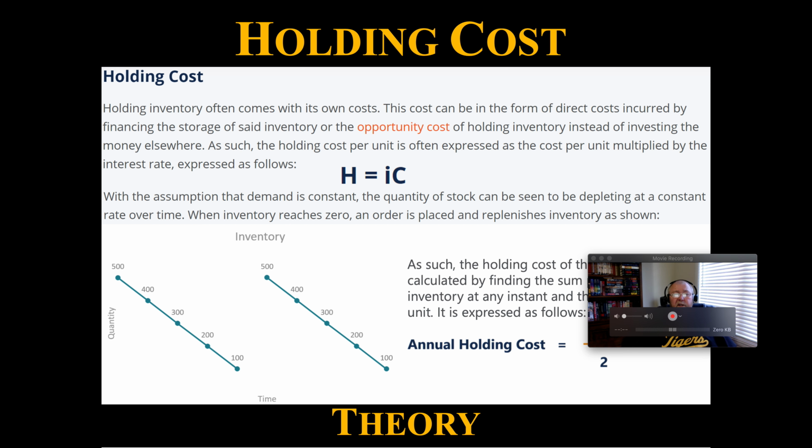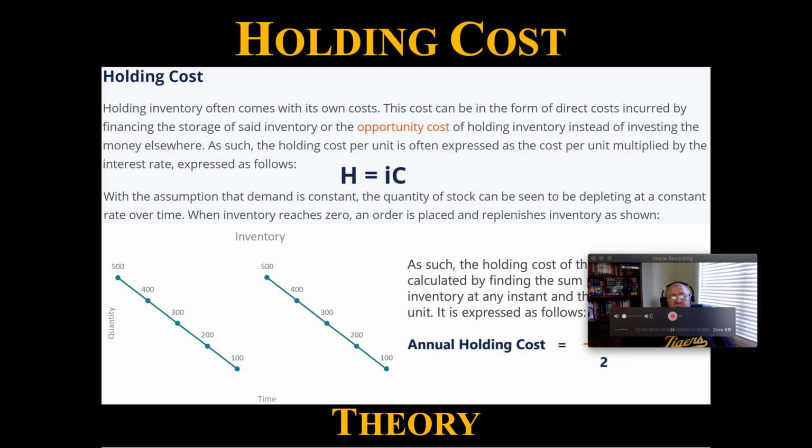What about the holding cost? Holding inventory comes with its own cost, and you've seen what some of those are. There could be warehousing costs, there could be insurance costs, there could be all kinds of different costs. It could be an opportunity cost, which is to say that you've got your money tied up in inventory when you could have been spending it on something else. Why do you have inventory?